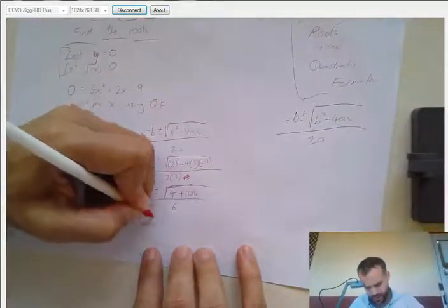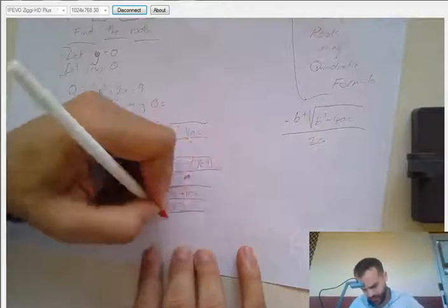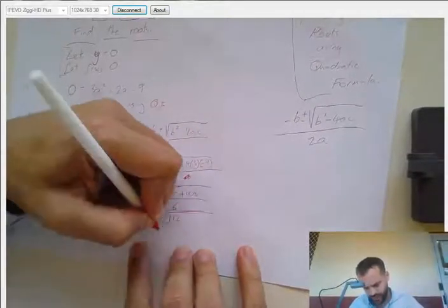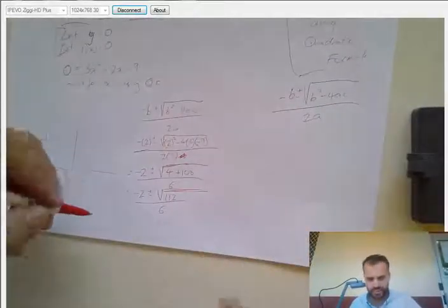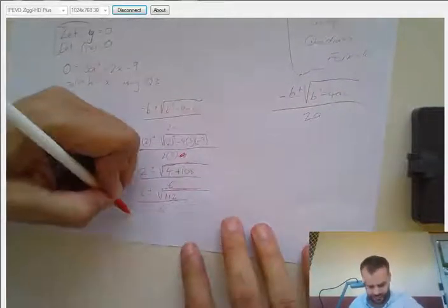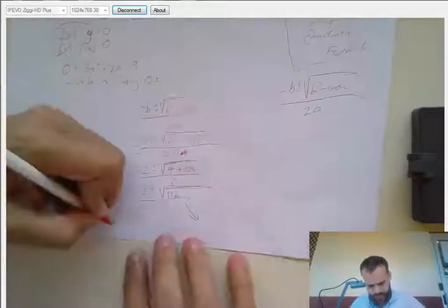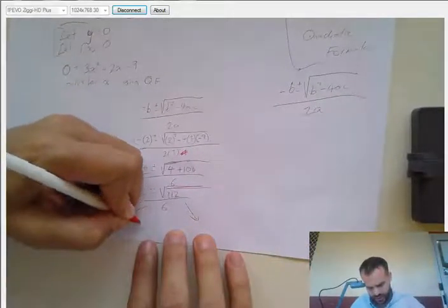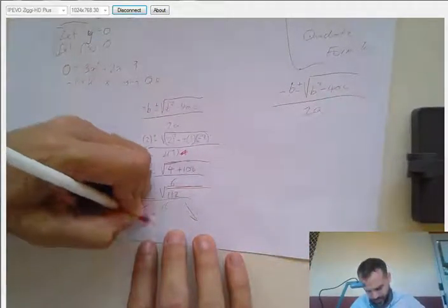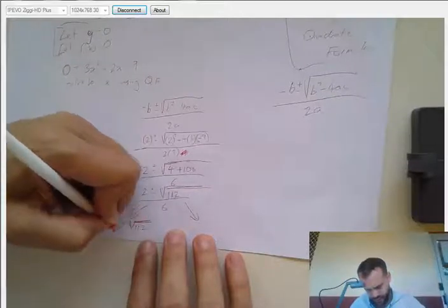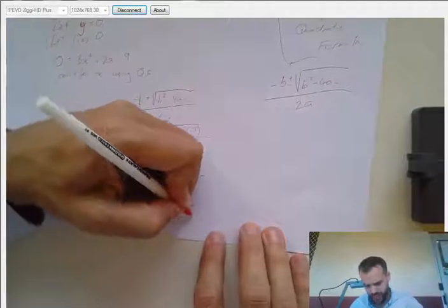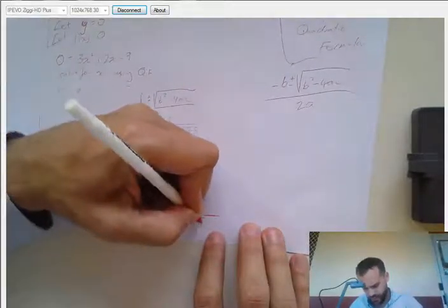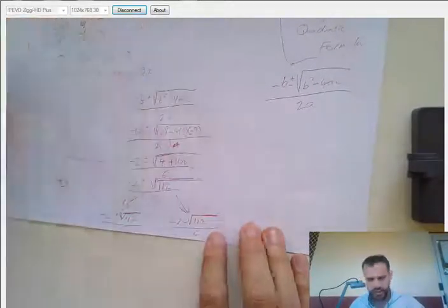That's negative 2 plus or minus the square root of 112 all over 6. We can split it now into two different things. It's negative 2 plus the square root of 112 on 6, and it's negative 2 minus the square root of 112 on 6.